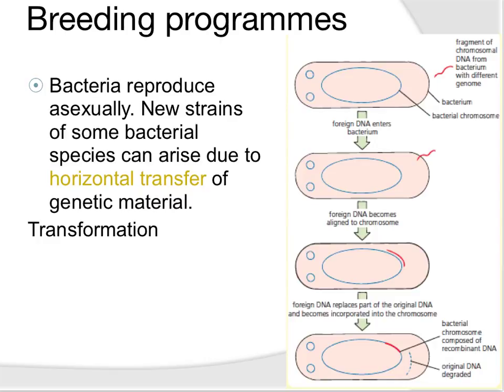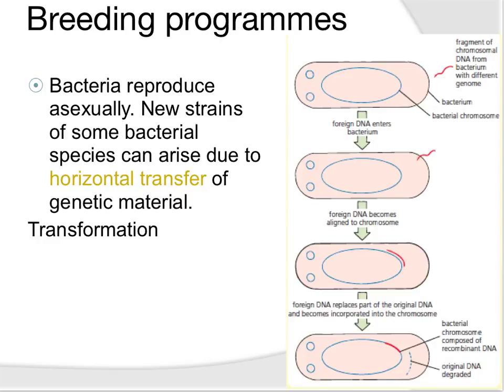If you remember from before, vertical transfer of genetic material is what happens in sexual reproduction. There are a number of ways that horizontal transfer can happen. You can either have bacteria taking up DNA fragments from their surroundings, or pieces of chromosome DNA or plasmids transferred from one strain to another. And there are different ways that can happen.